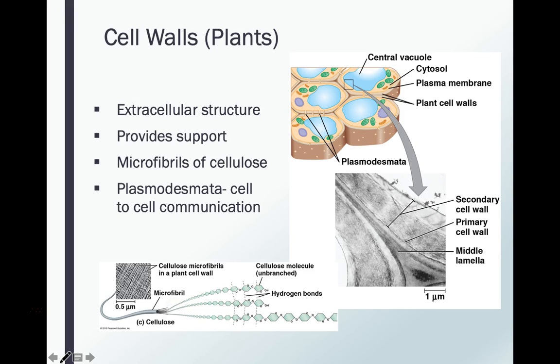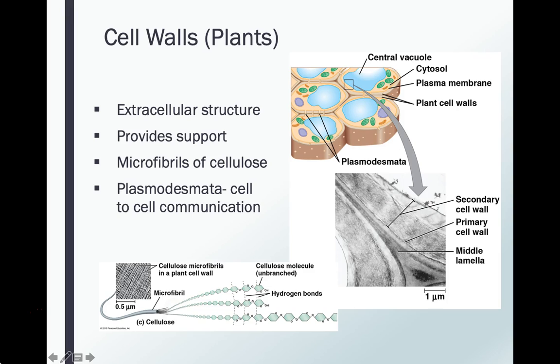Continuing to move out, we have the cell wall. So the cytoskeleton provides support internally, and then we have the plasma membrane around that, and then we will talk about the plasma membrane in the next chapter. Outside of that, in plants and also in bacteria, but we're talking about eukaryotic cells, we have the cell wall.